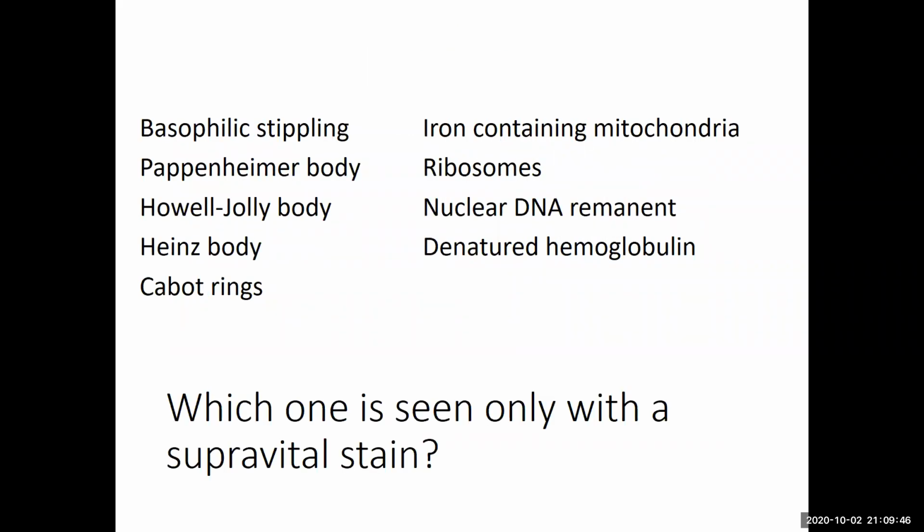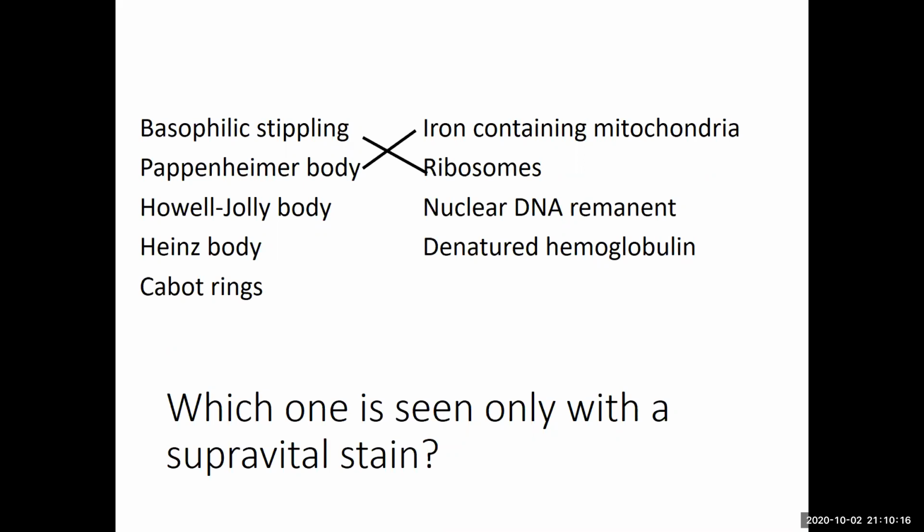So another mix and match. Mix on the left to the right. So basophilic stippling, do you guys know what it's made out of? Iron-containing mitochondria. That is a really good guess, but not for this one. Okay. Ribosome? Yes, it is. So Pappenheimer body is actually the one that is iron-containing mitochondria.